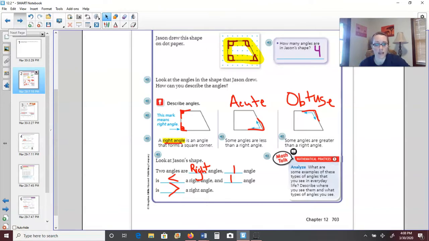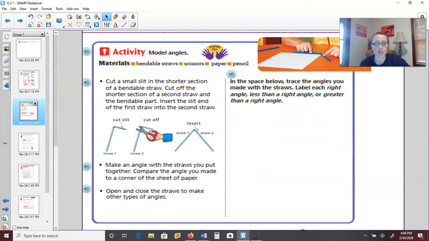All right, if we go to the next page, boys and girls, it shows you a little activity that you could possibly do at home using 2 bendable straws. And you kind of just cut some slits in them to slide the 2 straws together. And you make this little device that can be used to create angles, because the bendable part would be in the corner, which would be like the vertex of the 2 rays coming together.